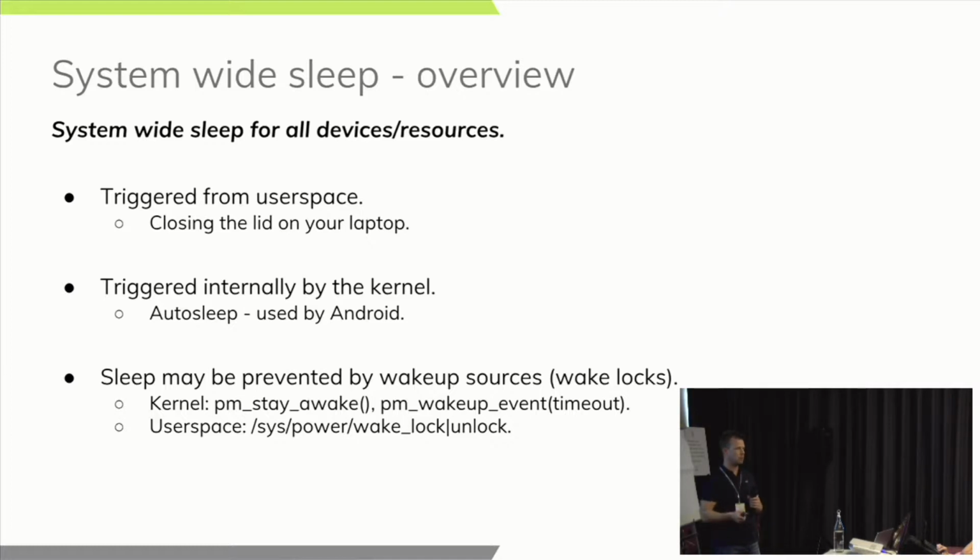The way to prevent this is via so-called wake-up sources or wake locks, using either in-kernel APIs or sysfs interfaces. So there are two different approaches to going into these states.